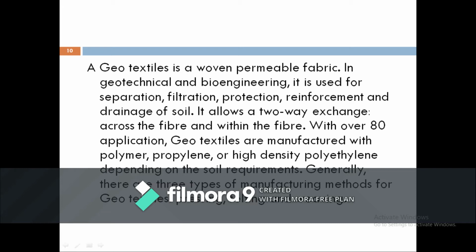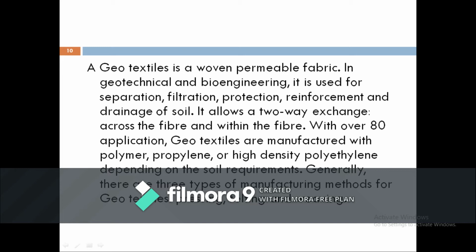It is just made as a fabric which can be easily laid, spread over your foundation, spread on the soil. It allows a two-way exchange: one across the fiber and the other within the fiber.